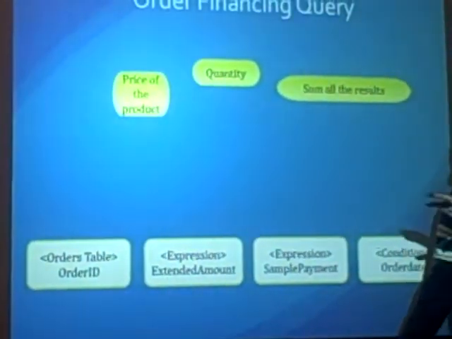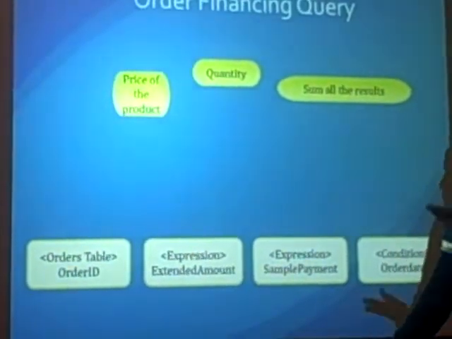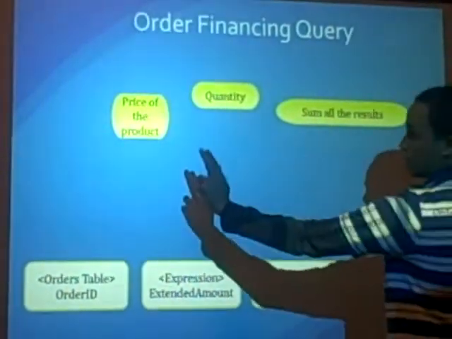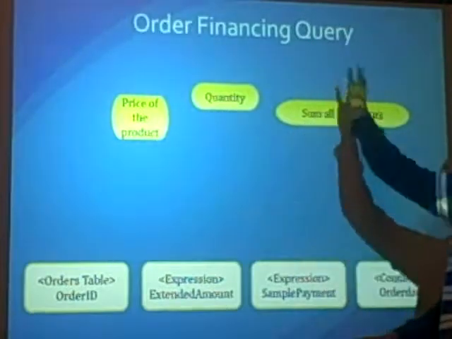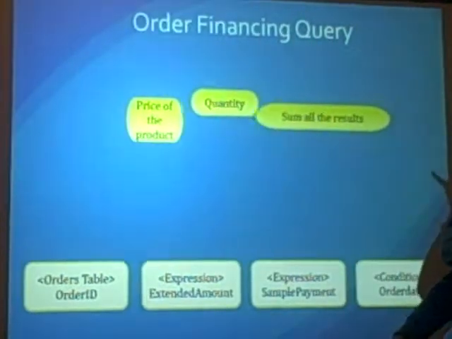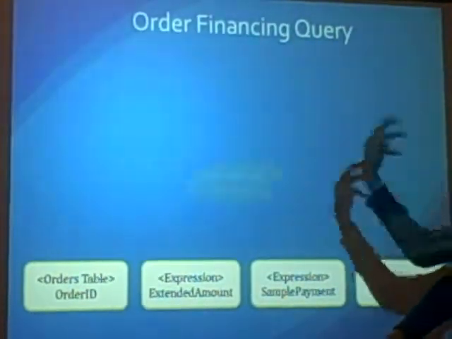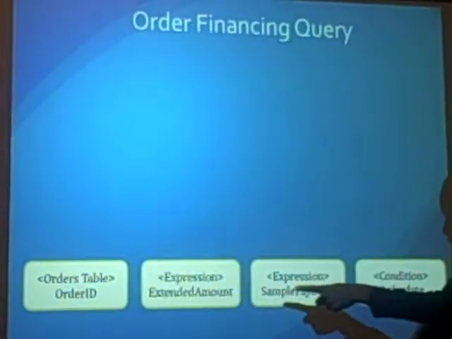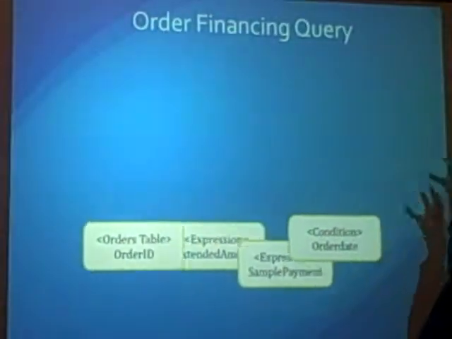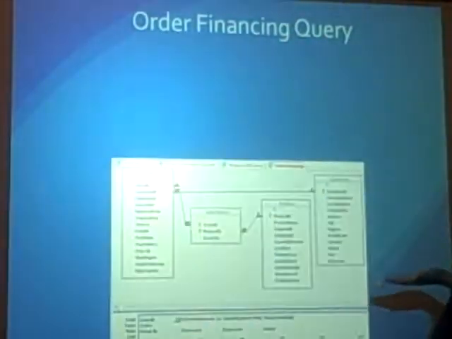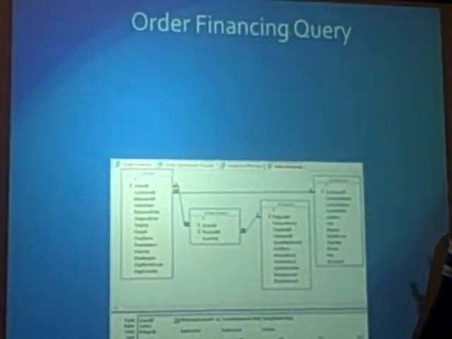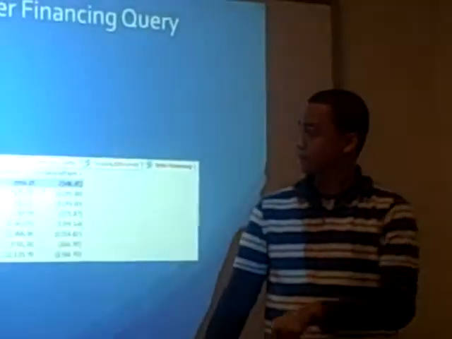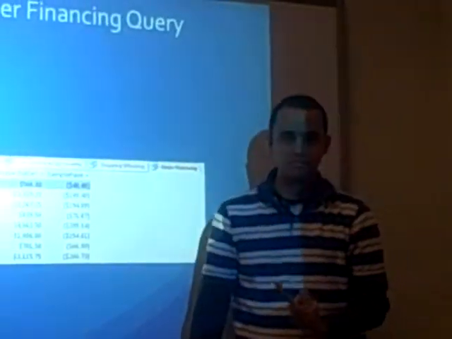Now I'm going to talk about the extended amount field, which is calculated by the price of the product times quantity, and we sum all the results. That performs the calculation, then goes to the extended amount field, and when we mix everything, we have our query in the design view. Then we run the query, and we get our results.